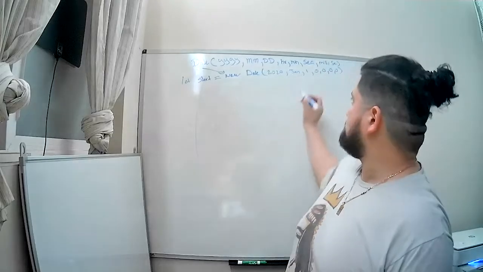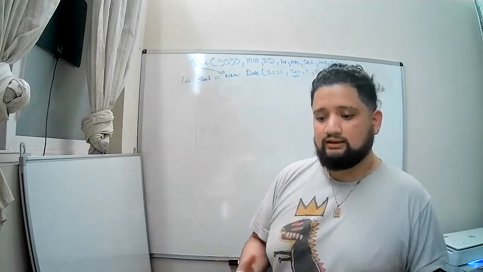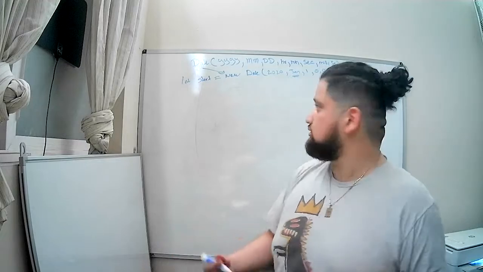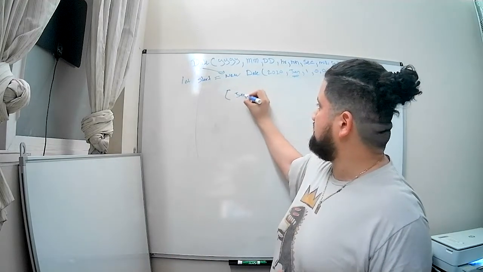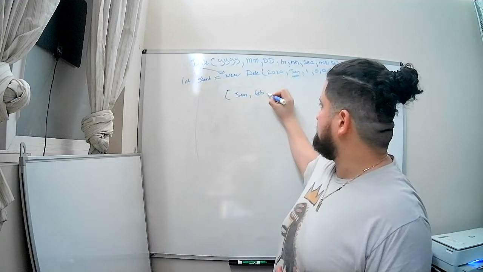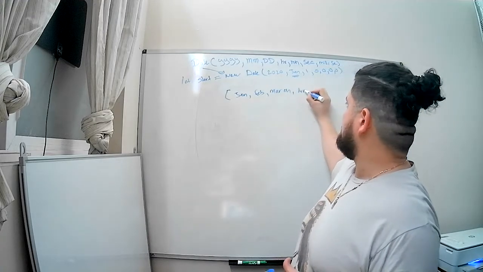Now, here's the trick. Of course, we're not going to write January. When it comes to this constructor, there's an array that represents the months. So this is what it looks like. You have an array of January, February, March, April, and so on.